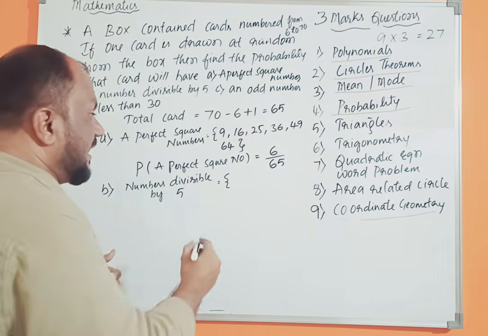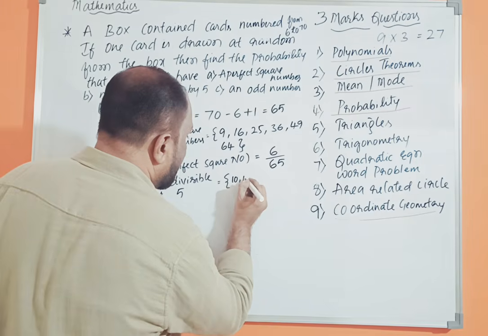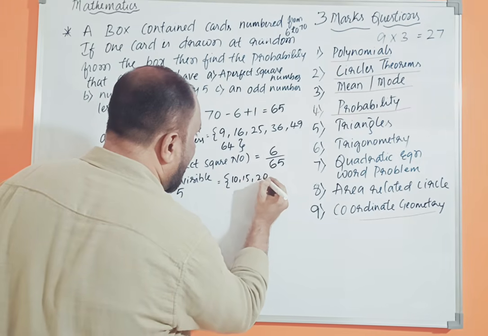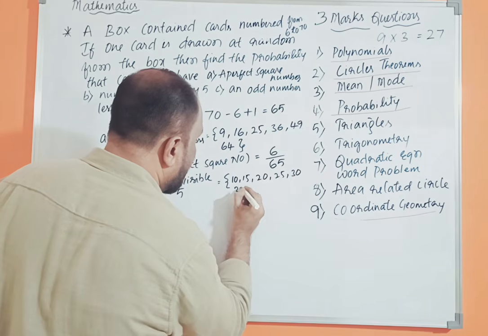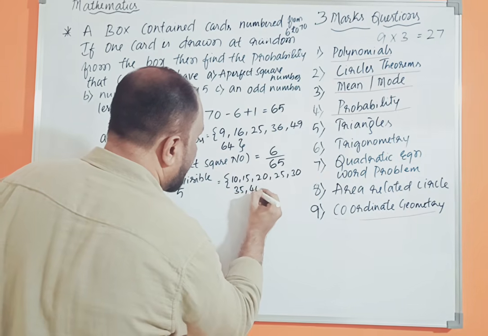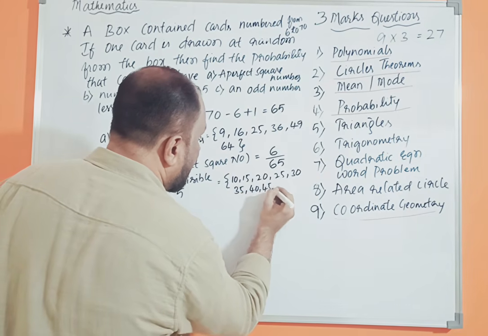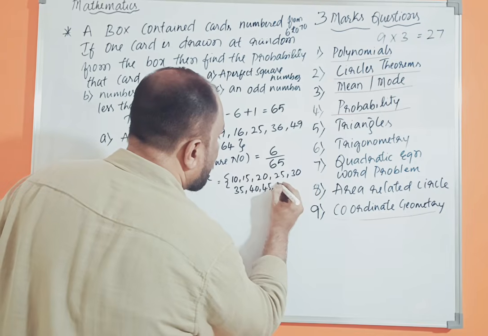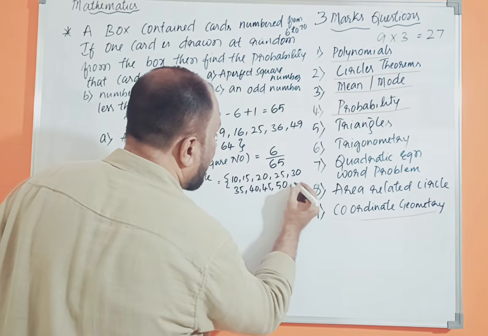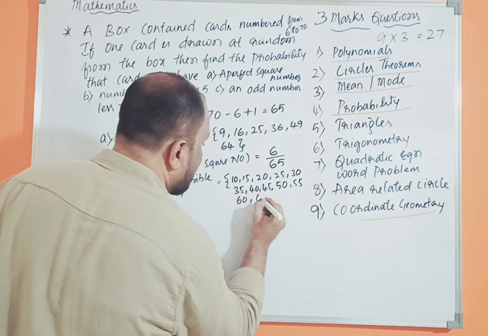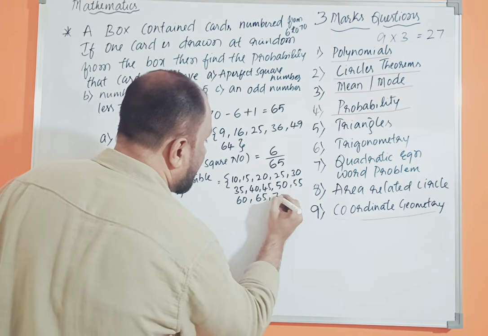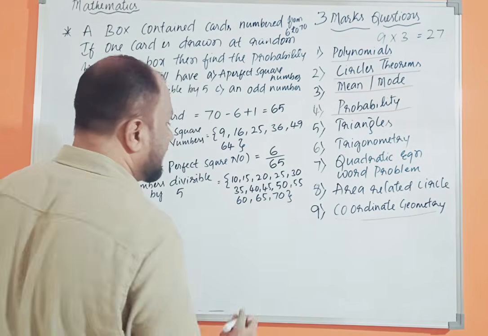The first number is 10, 15, 20, 25, 45, 50, 55, 60, 65, and 70 is also divisible by 10.